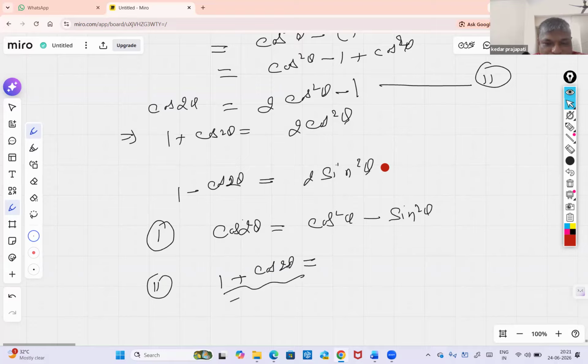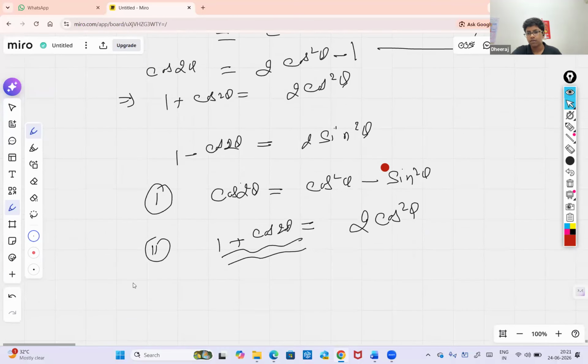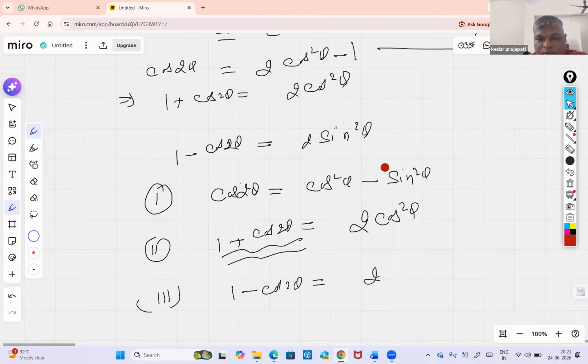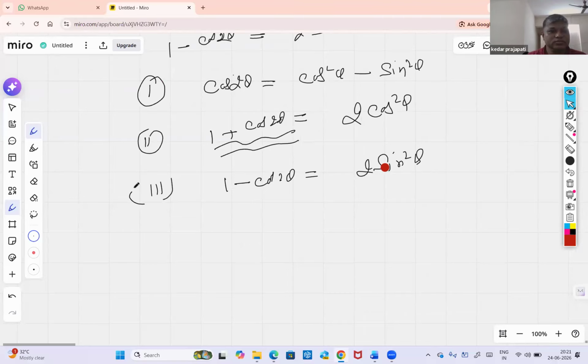Whenever it is 1 plus cos 2 theta, the answer will be 2 cos square theta. And 1 minus cos 2 theta is 2 sin square theta. Clear? So questions are based on these small formulas only. There won't be much. Not very difficult questions are coming.